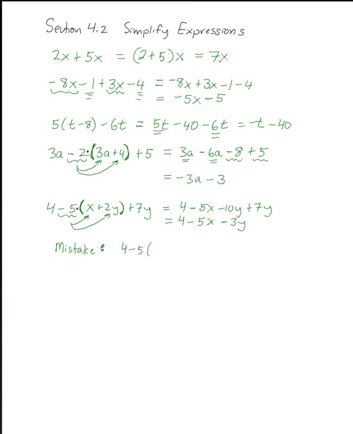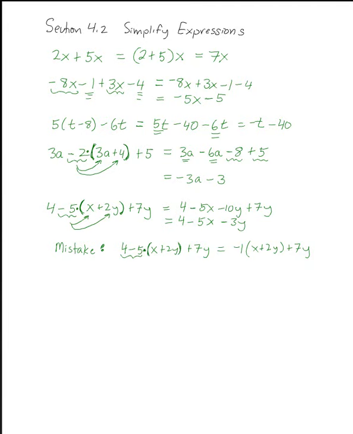4 minus 5 times x plus 2y plus 7y. What I will see students do is they'll do 4 minus 5 first. And so they'll write minus 1 times x plus 2y plus 7y. Why is that wrong? Well, it's wrong because this minus 5 is connected to this parenthesis by a multiplication.